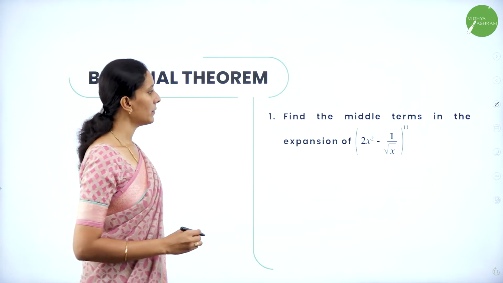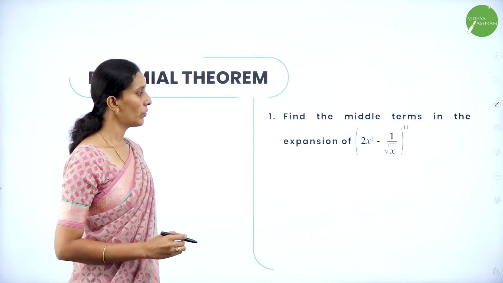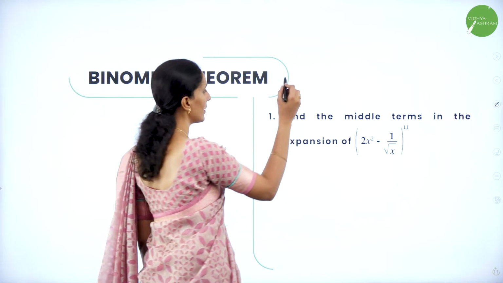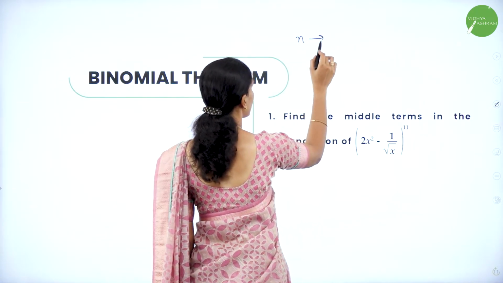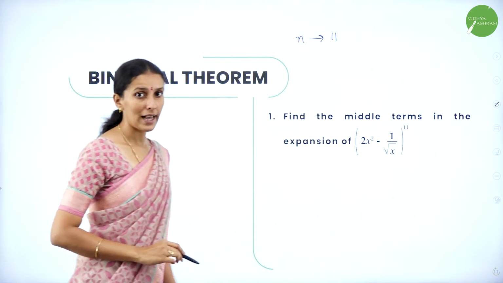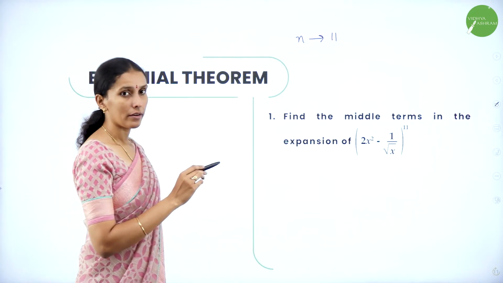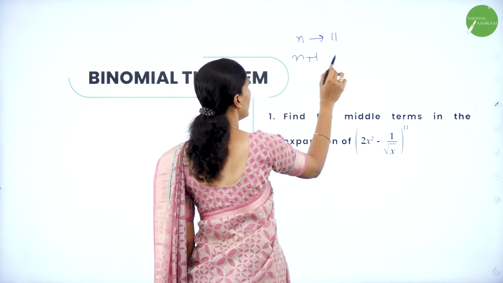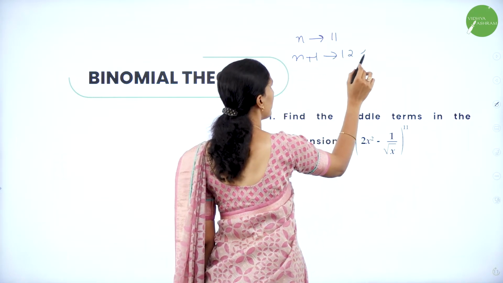Next, find the middle terms in the expansion of 2x square minus 1 by root x to the power 11. So what is given? Your n. First decide how many middle terms we'll have. If n plus 1 is even, see here, n plus 1 is 12, which is even.